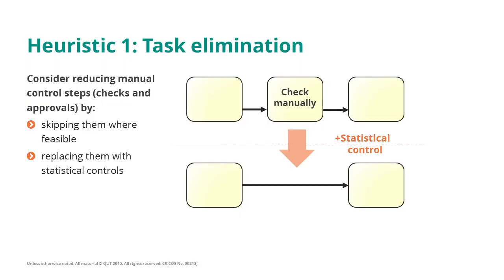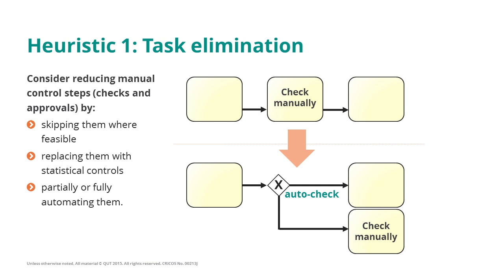And we will then determine if we want to continue skipping the check or we want to reinstate it into the process. The third option for eliminating checks is to try to partially or fully automate them, by inserting an automatic check to sort the cases into those where we are pretty sure there is no error, and then we let them through, and those that might actually require a manual check, and those ones we will channel to the manual checking task.